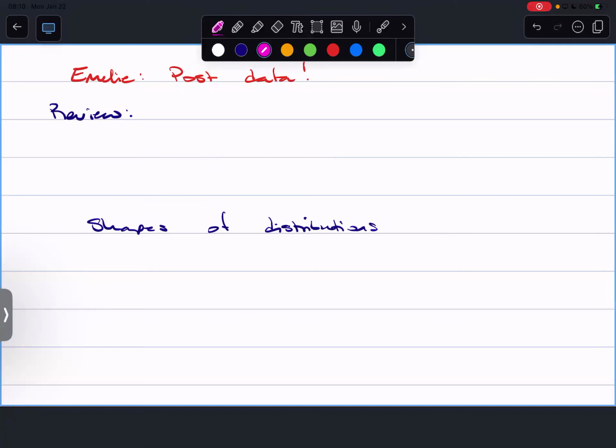We talked about variables. Variables are either numerical, but this textbook calls them quantitative, or categorical.